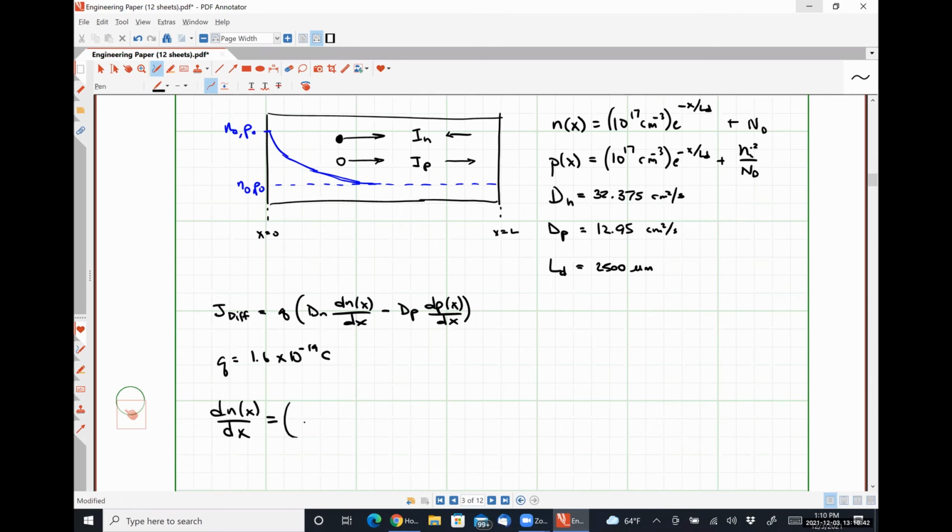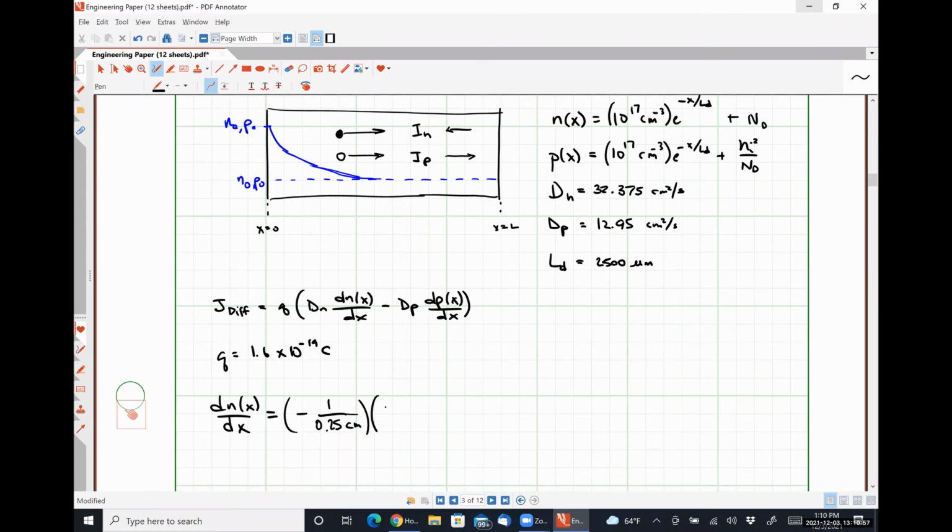So we're going to have negative 1 over 0.25 centimeters, just so that my units are consistent, multiplied by 10 to the 17 per cubic centimeter, e to the negative x over our mean free path LD.